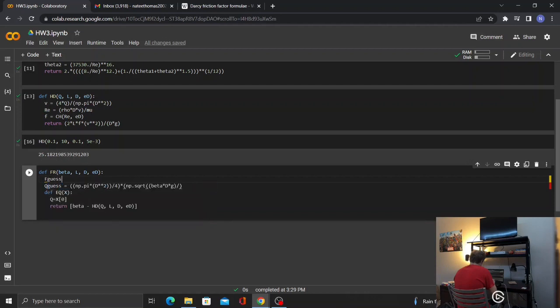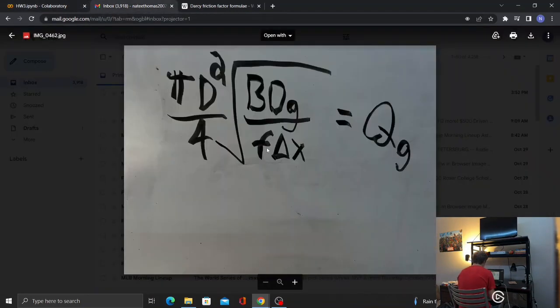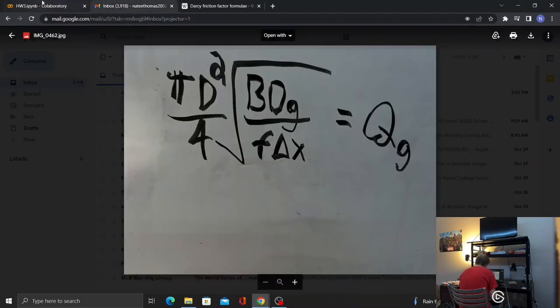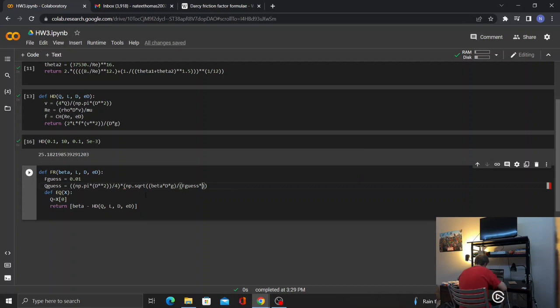F guess, and we're just going to put that as 0.01. It's a really low range of values that our friction factor could be. So again, we're going to call that our F guess, and then times our length.